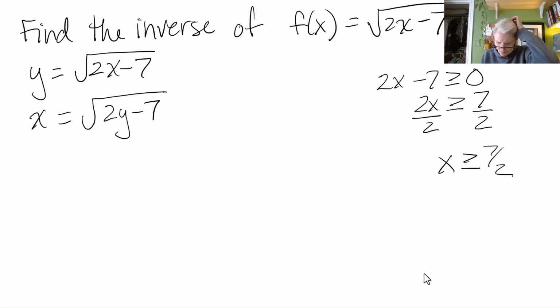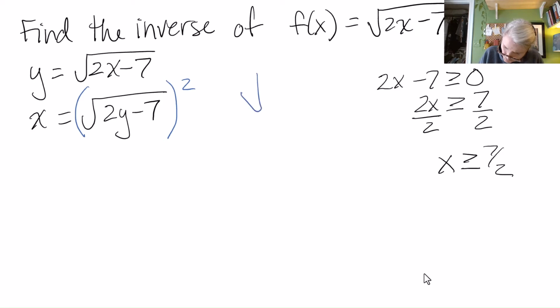So you want to isolate the part that's got the radical before you start undoing the radical. And in our situation, the radical is already isolated. So in order to undo the radical and get our variable out from under that radical, because it's a square root, we can square it.